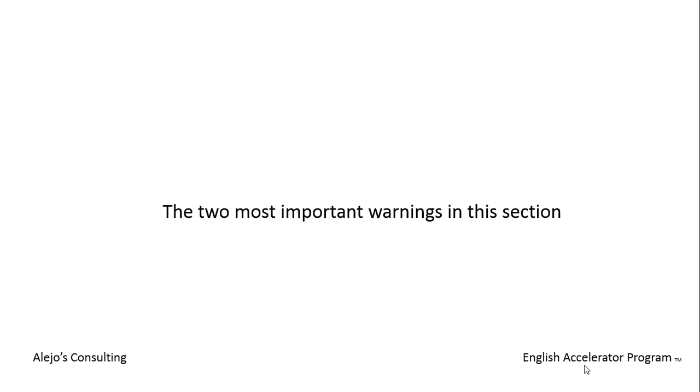Warning number 2, and I call this one the most. Why? Well, simply because questions like these are common. What was his main field of interest? What was his most valuable painting? Which subject did he specialize in?